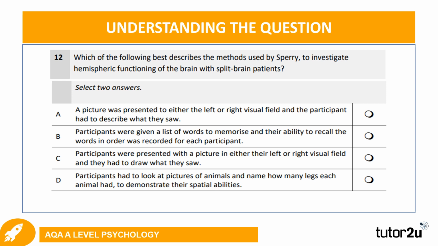C, participants were presented with a picture in either their left or right visual field, and they had to draw what they saw. And D, participants had to look at the pictures of animals and name how many legs each animal had to demonstrate their spatial abilities. So make sure for this one you identify two answers which are correct for Sperry.